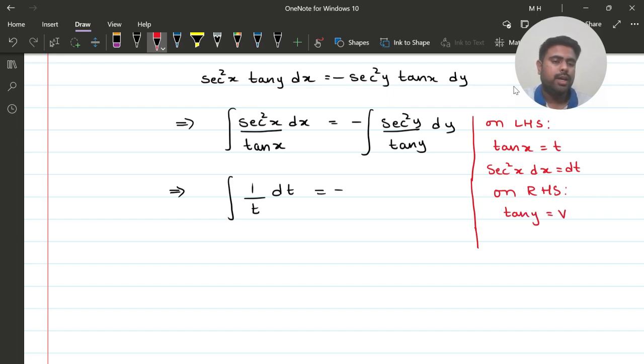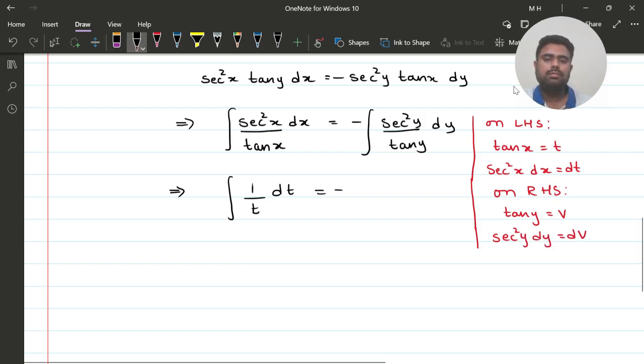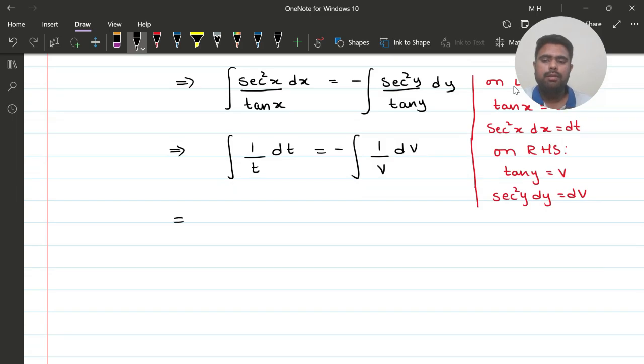Okay, so what will I get? I'll get sec square y dy as dv. So this will give me the integral 1 by v dv. What is the integral of 1 by t? It is log mod t equal to minus log mod v plus c.